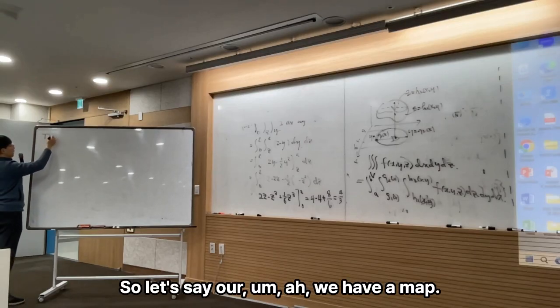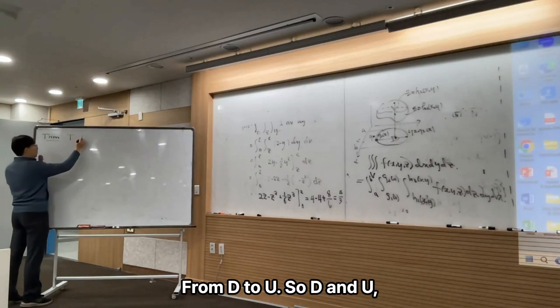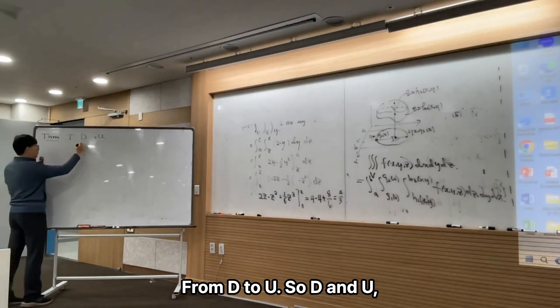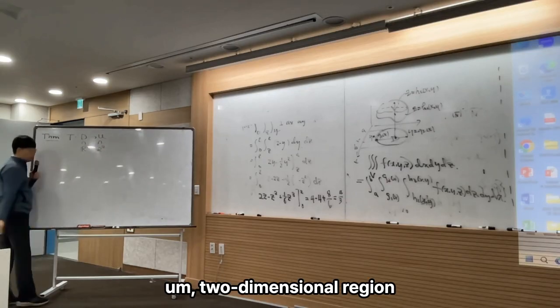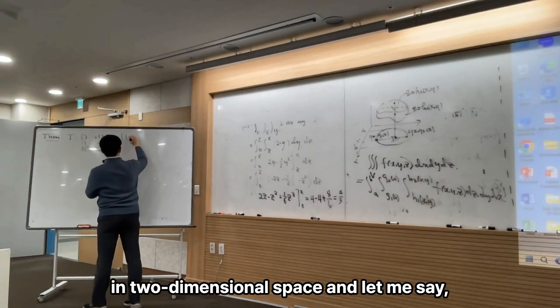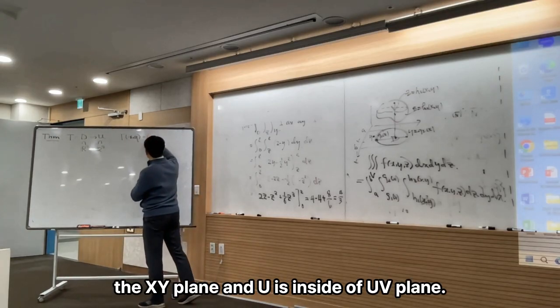So let's say we have a map from D to U. D and U are two-dimensional regions in two-dimensional space. Let me say D is inside of the xy plane and U is inside of the uv plane.